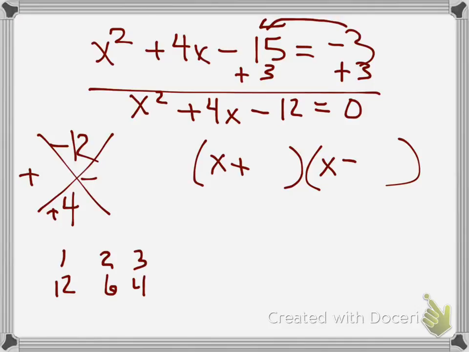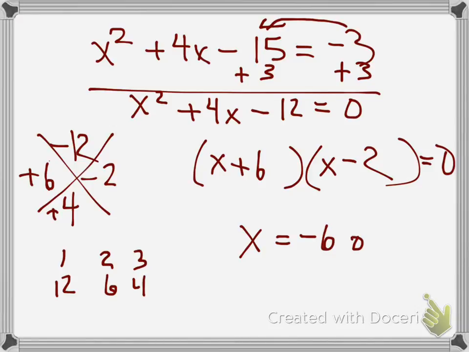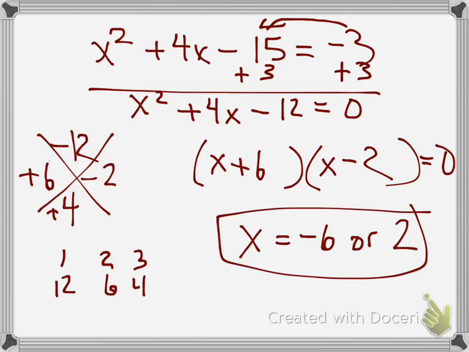And the ones that subtract to give me 4 would be 6 and 2. 6 minus 2 gives me positive 4. And there we go. So all I got to do is, just like I said a second ago, take the parentheses and do the opposite. So negative 6 or positive 2. And there goes your 2 answers.